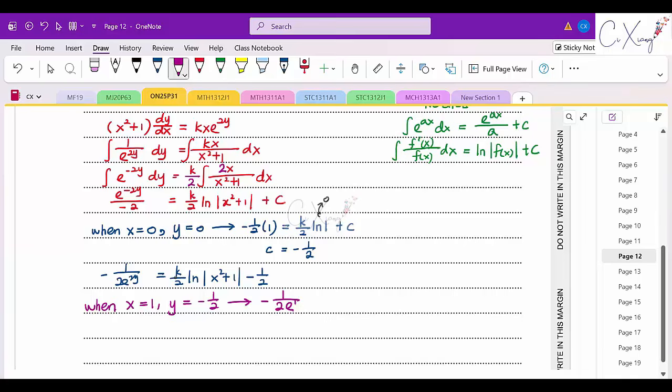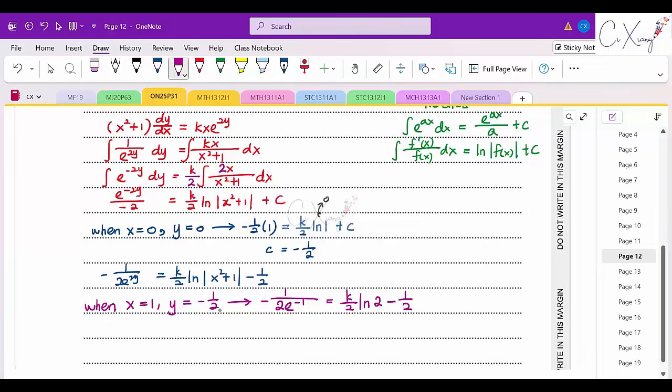Wait, let me have a look. Yeah, I don't think so. You have 2y. Oh sorry, 2y. Okay, correct. So let's look again: 1 over e power 2y, not e power 2x. So 2e power 2y. So 2 multiplied with negative half, you get negative 1. That equals k, whose value you don't know. So what's the value for x? It is 1. So you have a ln 2 here, then minus half.